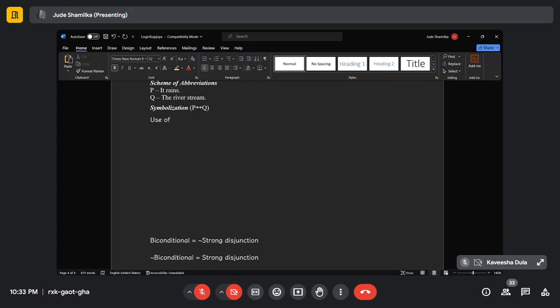So what you have to do is just write down the truth table and see whether the outputs are the same. Let's take a simple example like this.